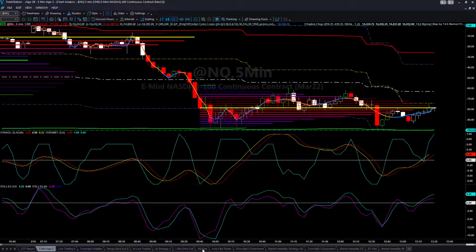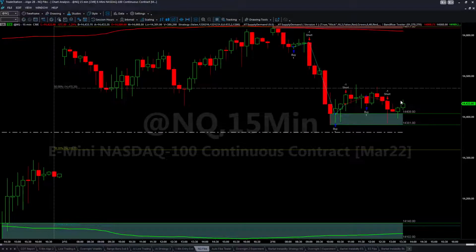So I'm interested right now to see if this is going to smack that 50 and revert the same way it did right here, and then just kind of stay within this channel throughout the day, or what exactly is it going to do? Is it going to break above the 50 and continue going up? So this will be interesting to see.